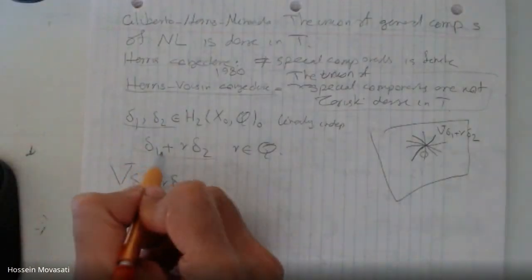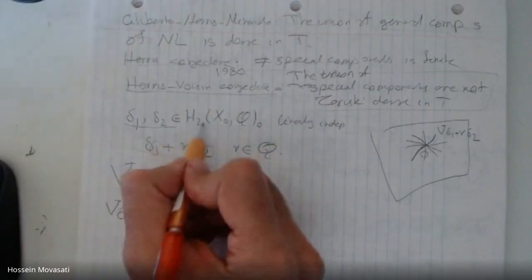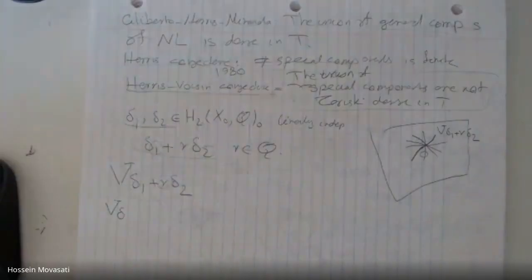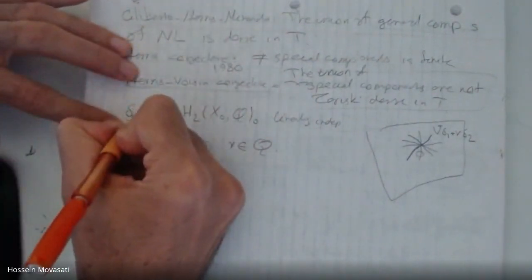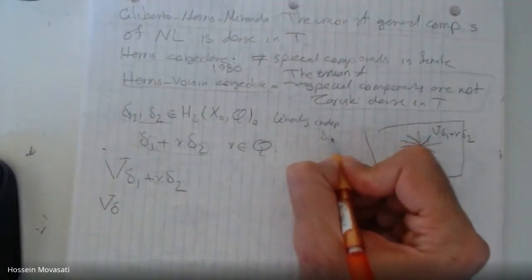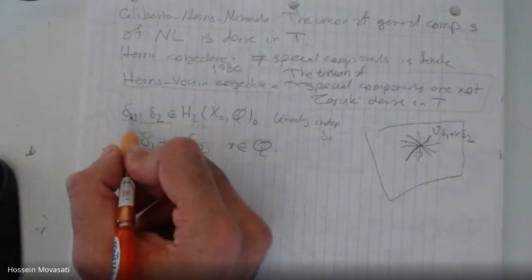Before, I used delta 0 because I had the perturbation; this 0 was referring to the parameter t equals 0. So I have cut this 0 from my notation delta 1 and delta 2 because I will not need to consider the corresponding monodromy of these cycles.